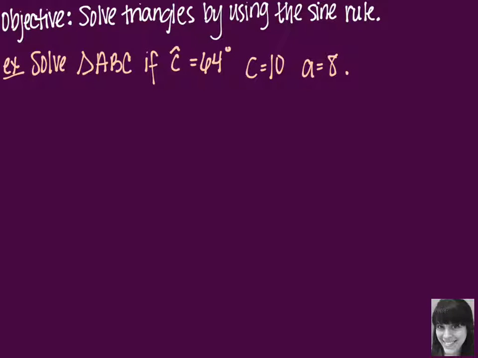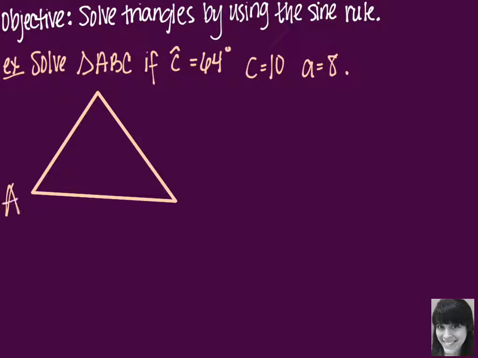So, this triangle, do the same thing, draw your triangle. Oh, let me make it a little bit nicer, sorry. And we're going to label it A, B, and C. C is 64 degrees. The side c is 10, and the a side is 8.